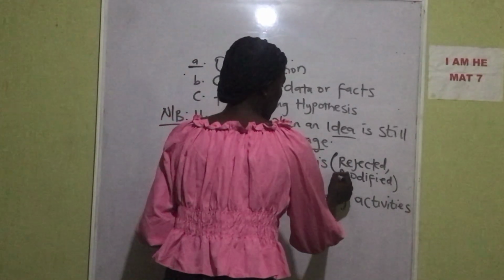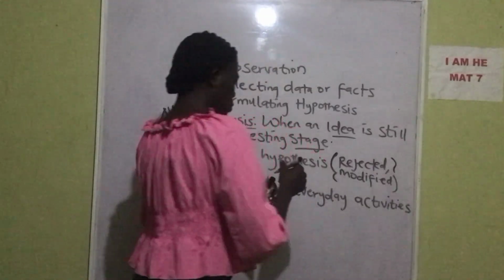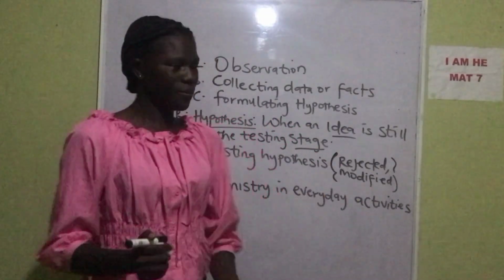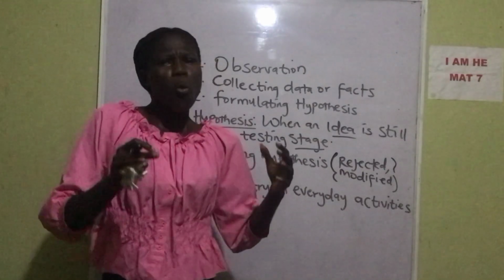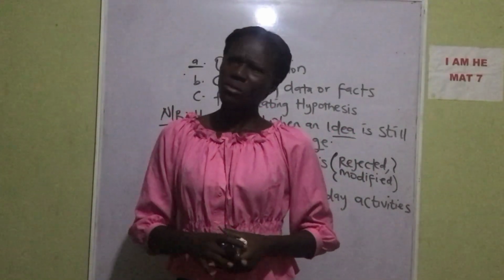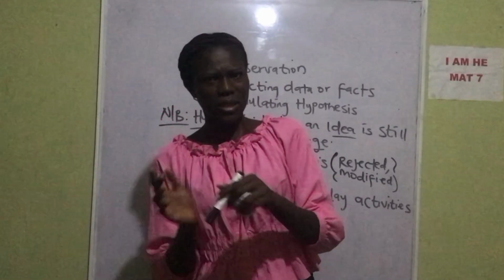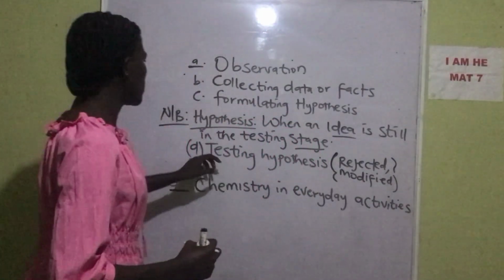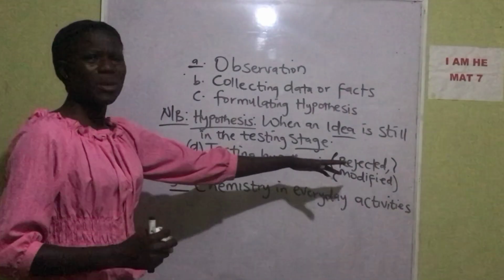Any of them apply. While you're still testing the idea, it can be rejected, oh, it does not fit in. It can be modified: what if you put it this way? I don't know if you've heard people say, what if it goes this way? So that's what we call modification. So when you start testing a hypothesis, so many things can come up.